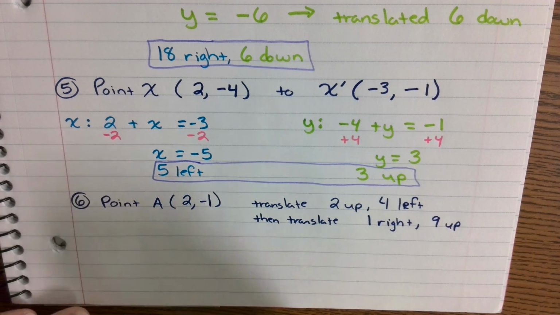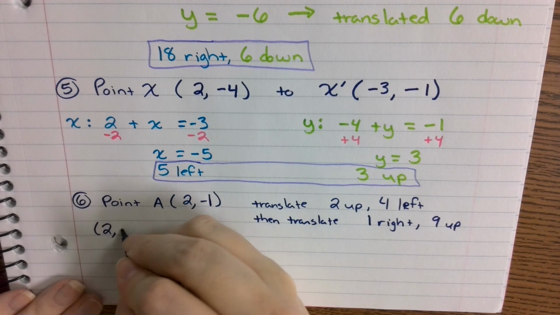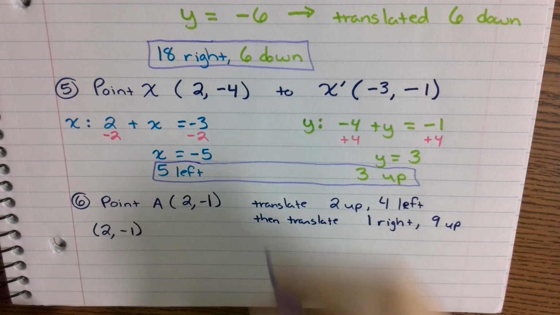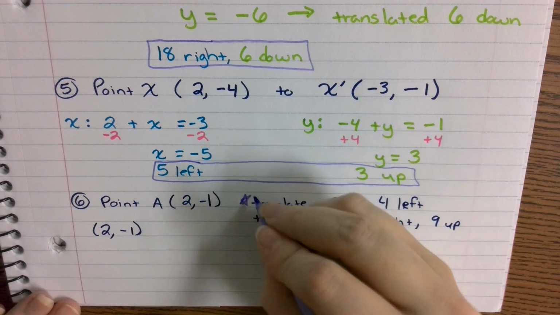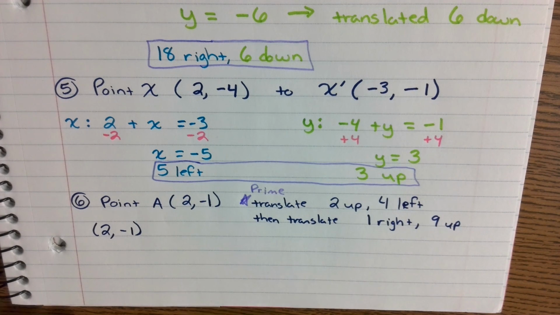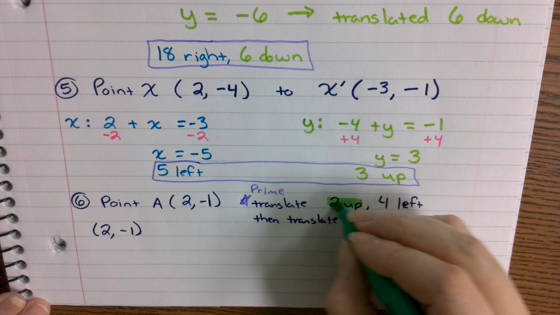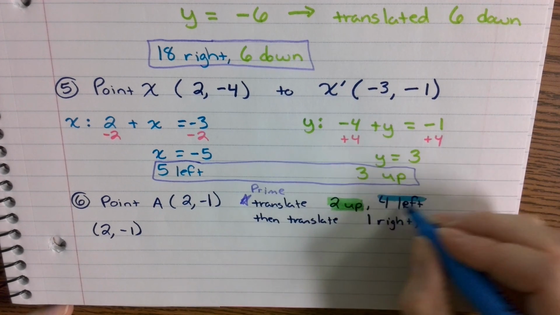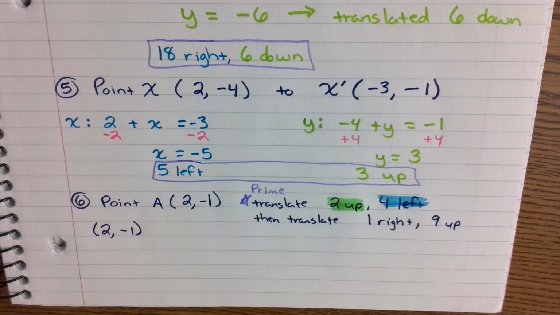So if we're starting at the point 2, -1, I'm going to start first with my first set of translations, which we're going to call prime. Now, 2 units up is going to affect my y, so I'm going to highlight it in green. 4 units to the left is going to affect my x, so I'm going to highlight it in blue.